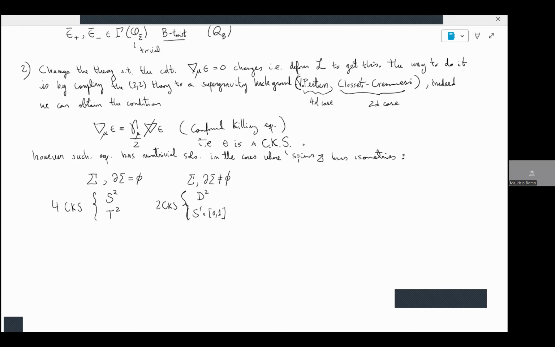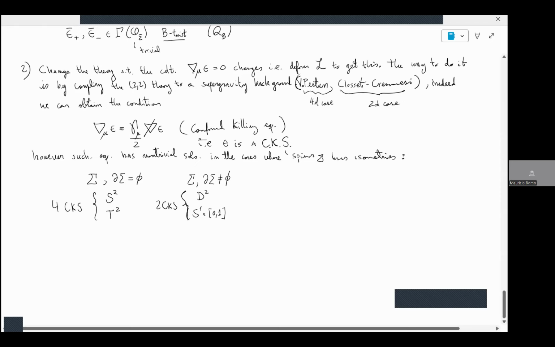The reason is that in any geometry, in principle, you can get these conformal Killing spinor equations. In any geometry, I can deform the theory to have this equation I wrote here.